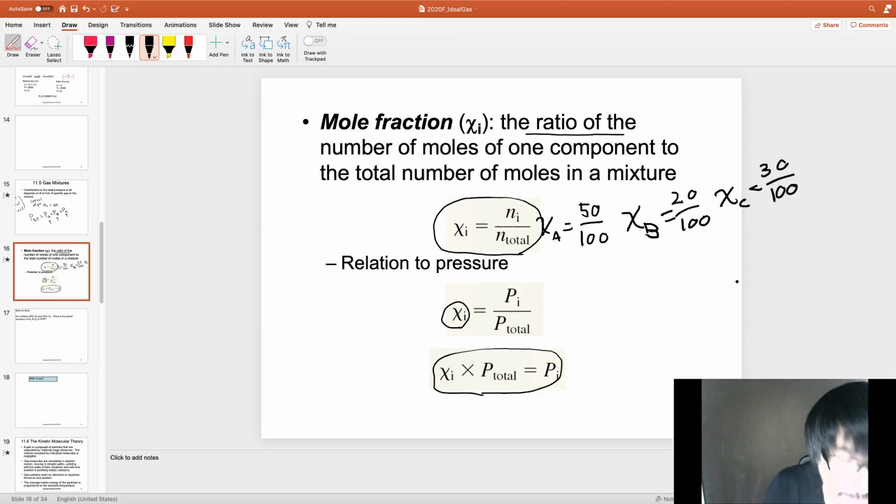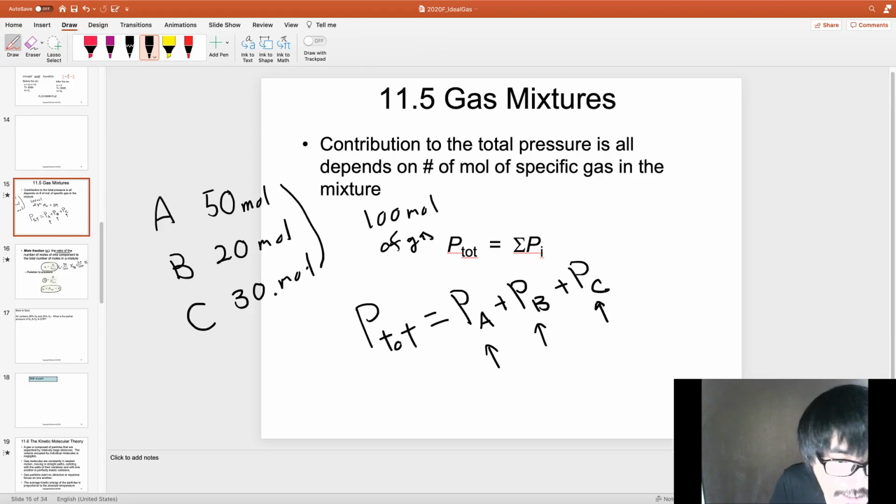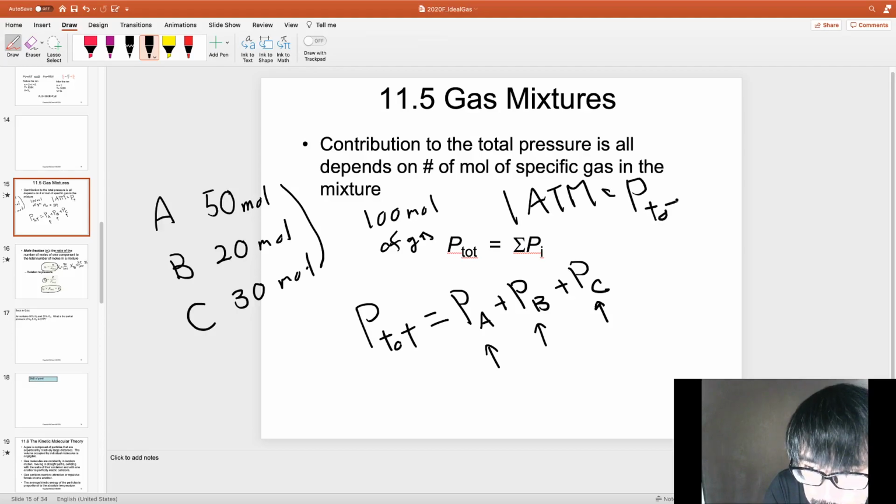So let's say I have a total pressure of 1 atm here: 100 mole of gas contained in some big container, and we know that the total pressure is 1 atm. That's the P total here.